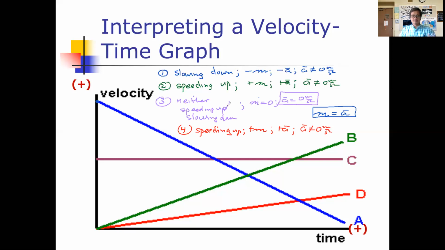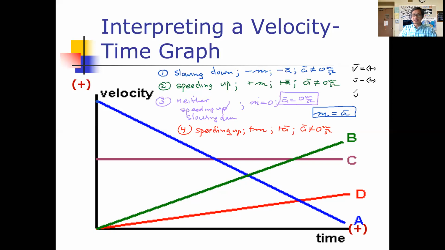We can look at each of the 4 objects and decide whether it's speeding up or slowing down. And if you notice, in each case here, the velocities are always positive because we're on the positive side.